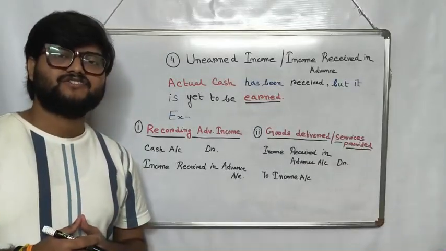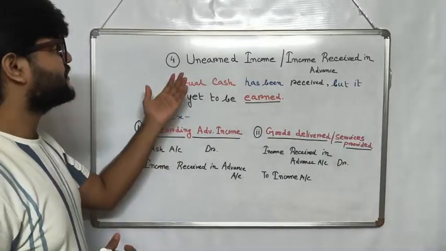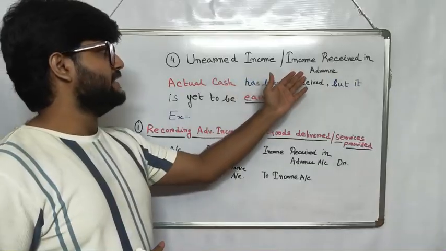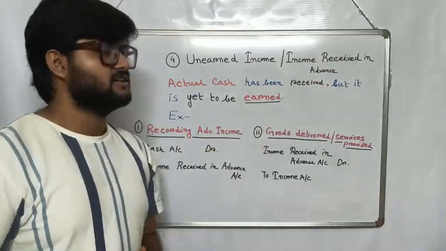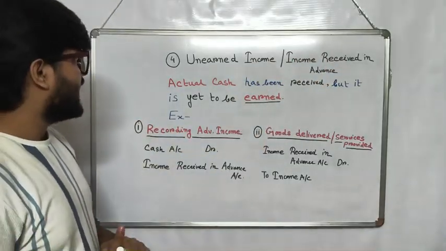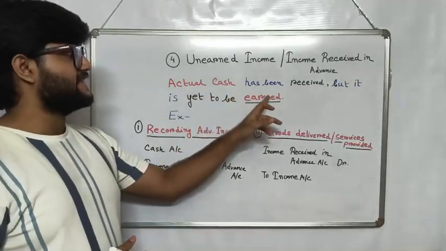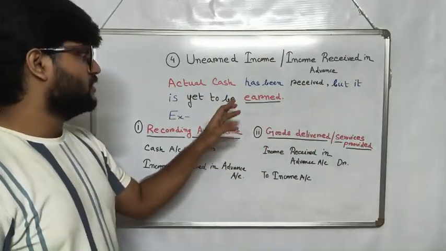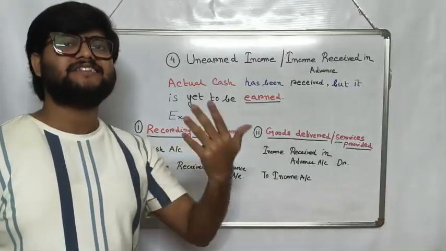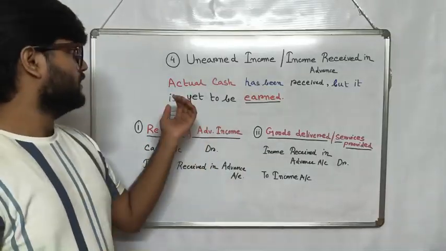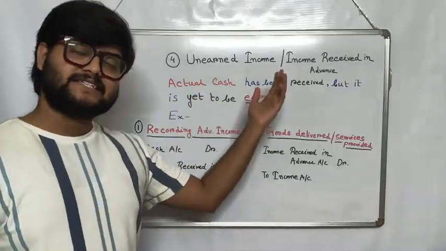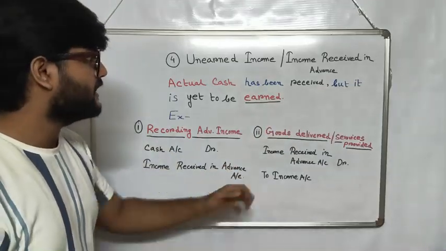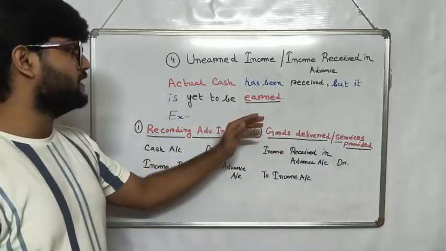The fourth adjusting journal entry is unearned income or income received in advance. Okay, it says actual cash has been received but it is yet to be earned. So it's a reversed situation than the last one. The actual cash has been received by us, but it is yet to be earned.